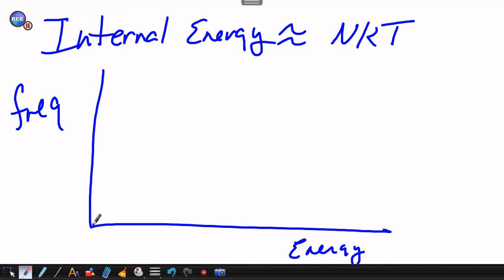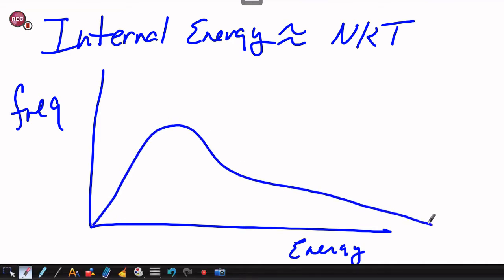And the plot will look something like that, roughly. And you'll see this plot later, but instead of energy, it'll be velocity. All right, so you'll see this plot a few different times, and that's okay.